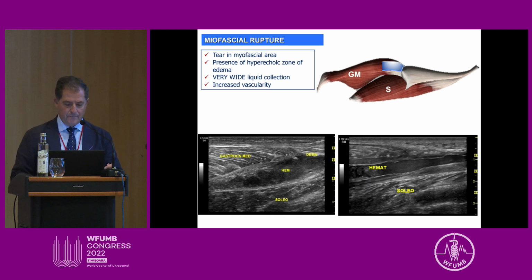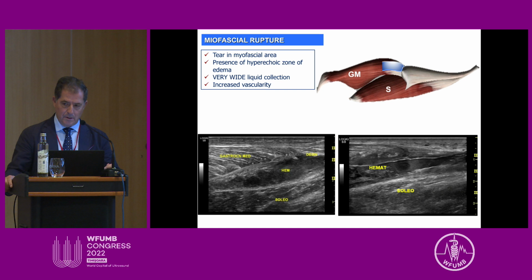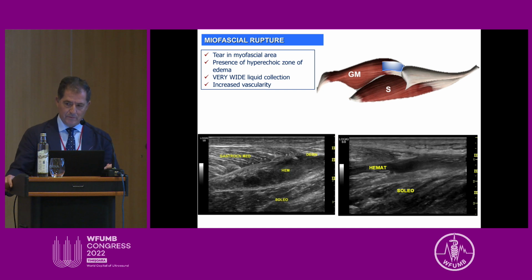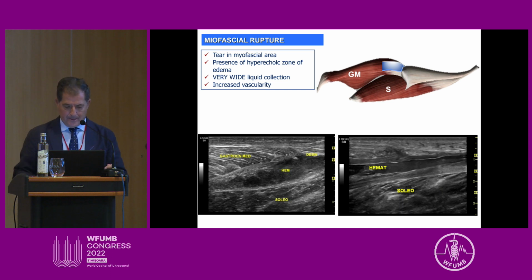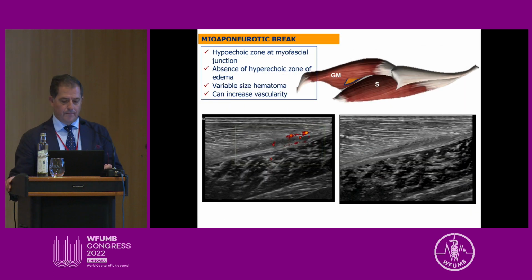In this case, the rupture can extend to the distal part, even affecting the proximal portion of the Achilles tendon. The second kind of injury in this muscle affects the aponeurosis.